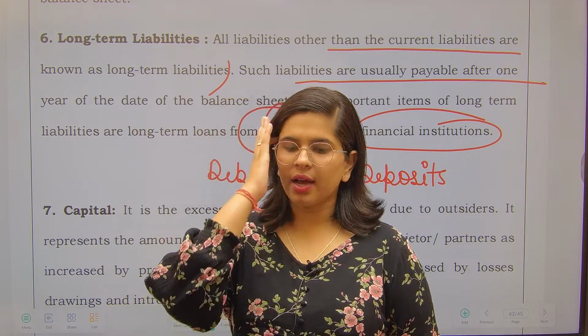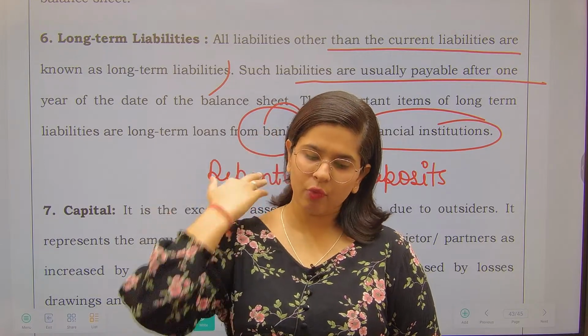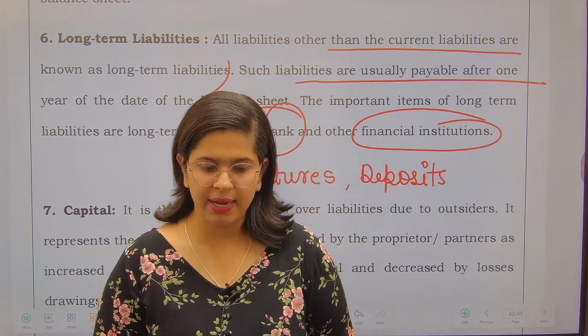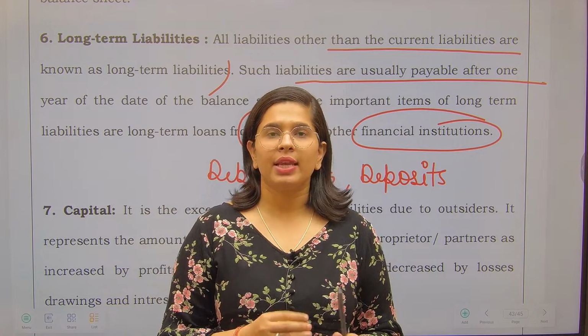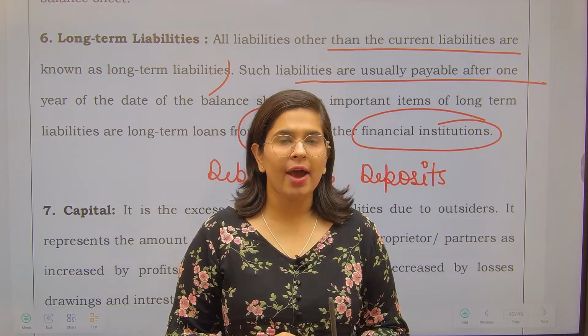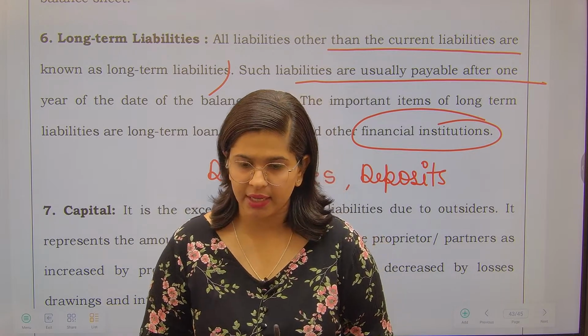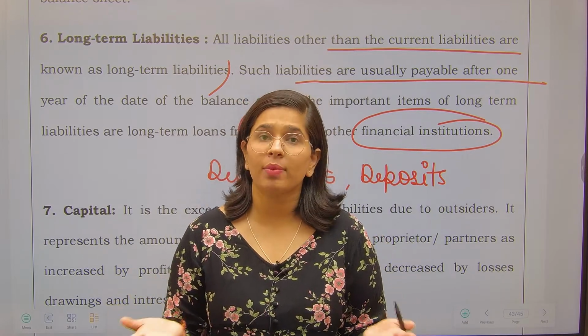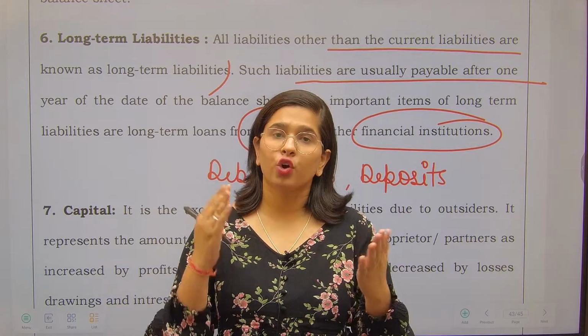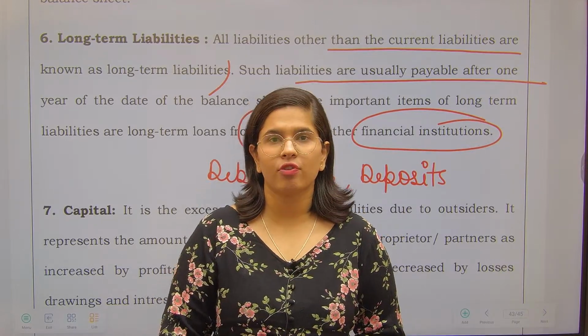No, it is not a violation of the money measurement concept. Let me tell you how. See, the money measurement concept says that you have to record such transactions which can be measured in terms of money, right? So we have so many formulas for goodwill valuation. Goodwill can be measured in terms of money.